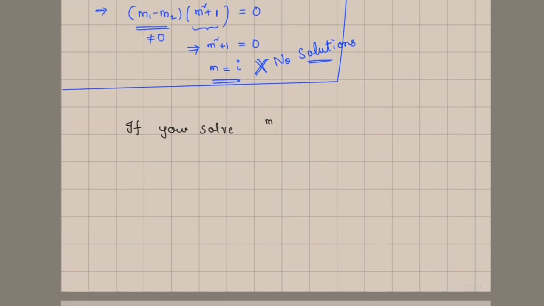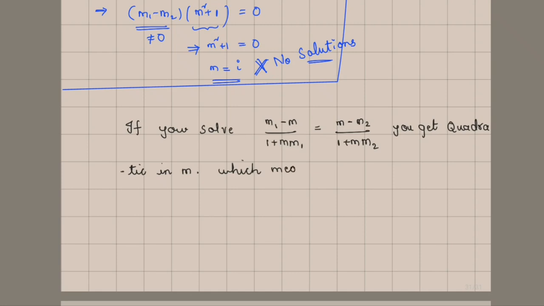If you solve m1 minus m by 1 plus m into m1 equals m minus m2 by 1 plus m into m2, you get a quadratic in m. That means you should have two solutions of m.